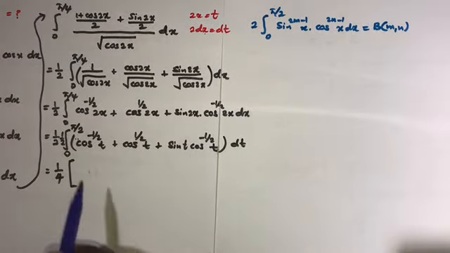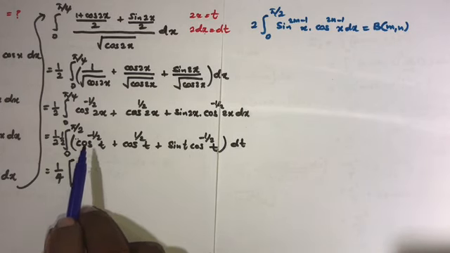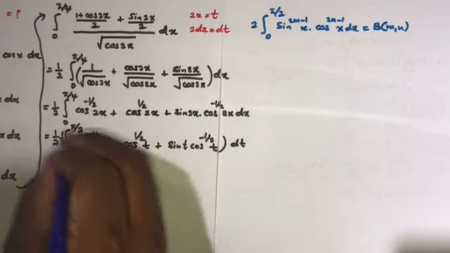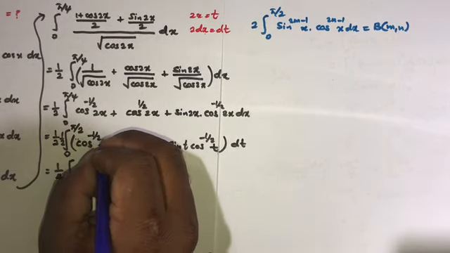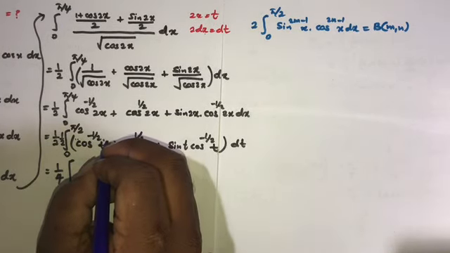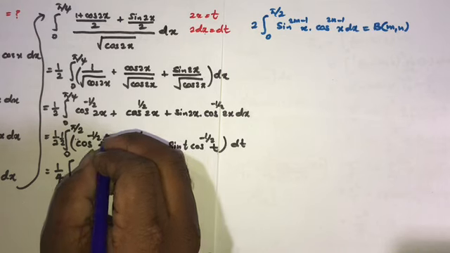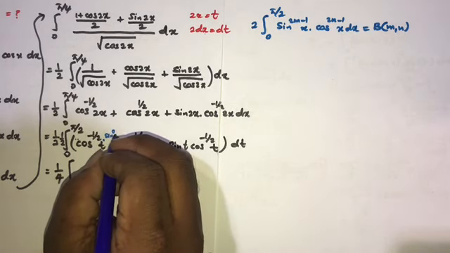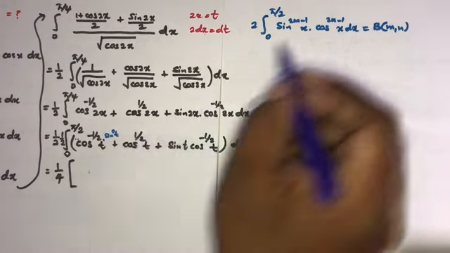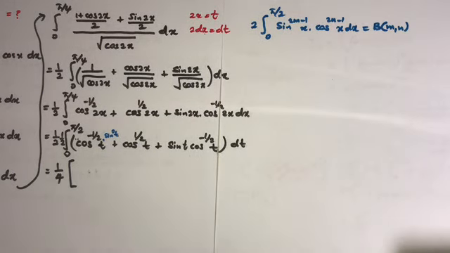So here now we have cosine to the minus 1 half. Also we can write here cosine to the minus 1 half t times, we know here we have 1, so sine raised to the 0 power of t. So now we can use the beta function.